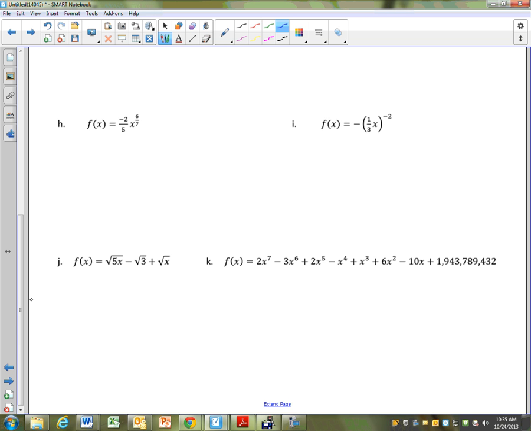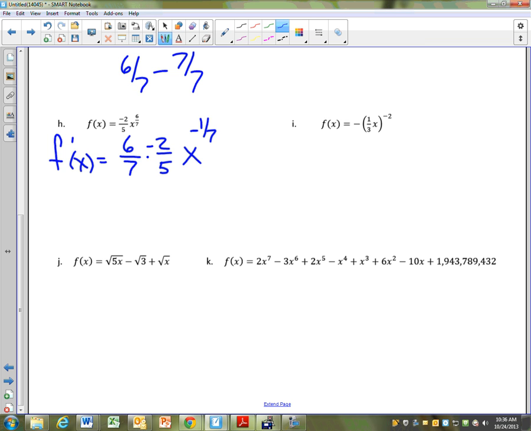Is this one written in power form? It sure is. So I don't have to do any rewriting. F prime of x is equal to, I bring the 6 over 7 in front, times negative 2/5, times x to the negative 1/7. Yep, so 6/7 minus 7/7. And I get this.